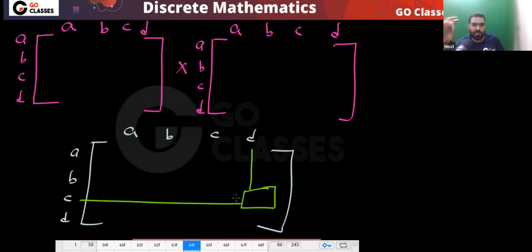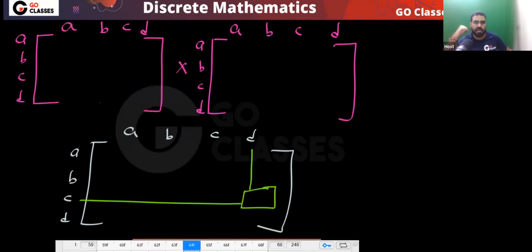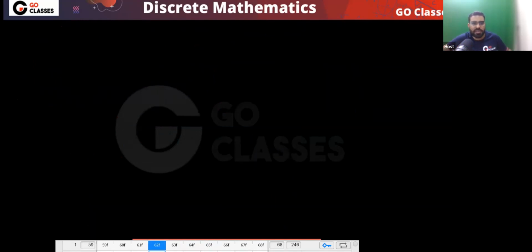If you focus on this entry, you can notice this row will be multiplied with this column. Yes or no? This is what happens in the matrix multiplication.